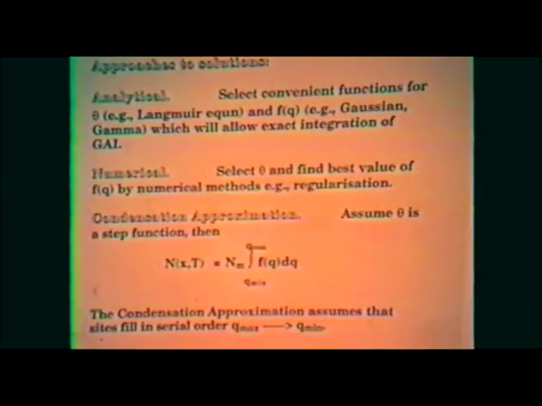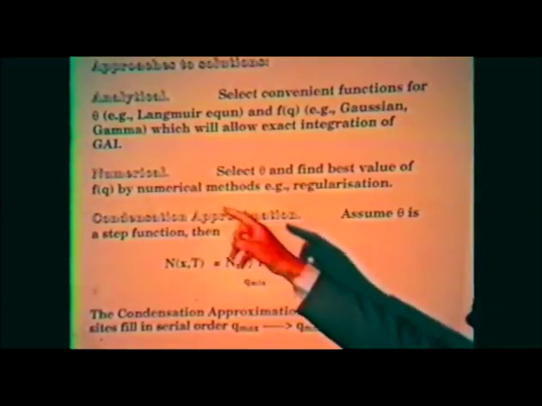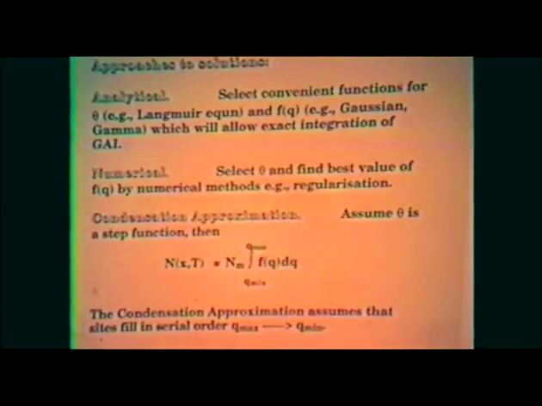And then another approach, which we've done some work on, is the numerical approach, where you select the local isotherm and find the best value of f of q by some numerical method. And we did some work, this was my colleague Tim Mays, on regularization. I won't go into that here, but it's essentially a statistical method trying to achieve a best fit to the isotherm.